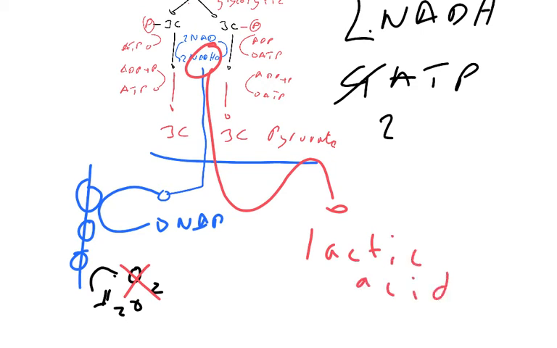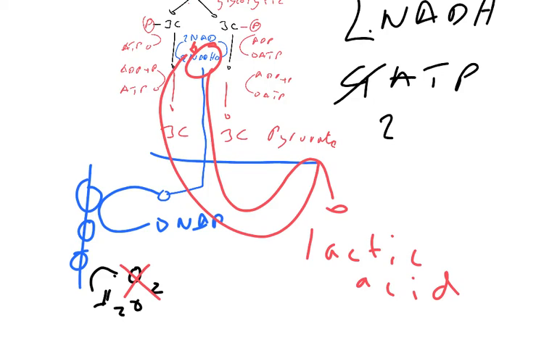Now, this process doesn't consume any oxygen, doesn't produce any carbon dioxide, and this process is anaerobic respiration. The pyruvate gets turned into lactic acid and we regenerate the NADs. So this process can continue as long as we're able to tolerate the buildup of lactic acid.